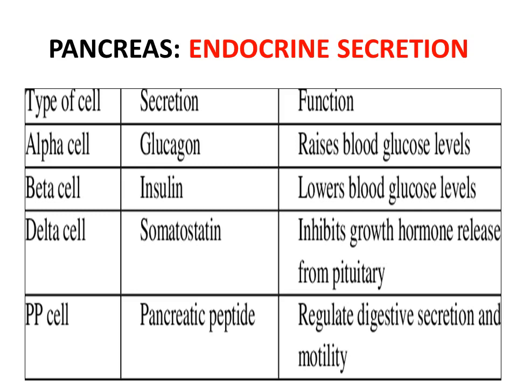The beta cells are involved in secretion of insulin, thereby lowering the blood glucose level. Also, the islets are present more in the tail of the pancreas. Delta cells secrete somatostatin. They inhibit the growth hormone release from the pituitary gland.